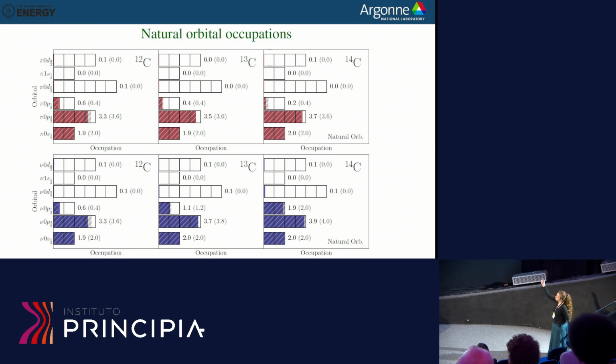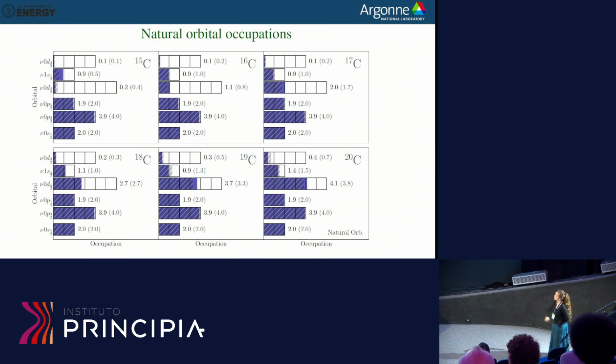The proton occupations are pretty well consistent, the same pretty much all the way up the carbon chain. So here you've got 12, 13, and 14. 12's a little off, 13 and 14 are pretty decent. And continuing up, it's really a pretty good description of what we're seeing in terms of the occupations in the carbon isotopes.